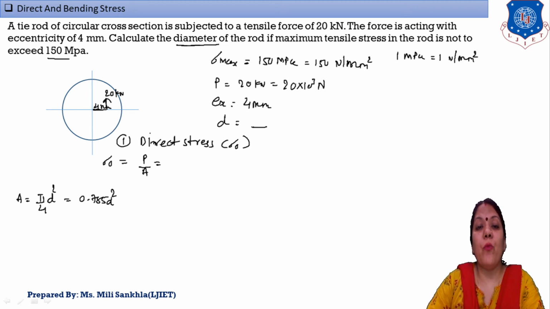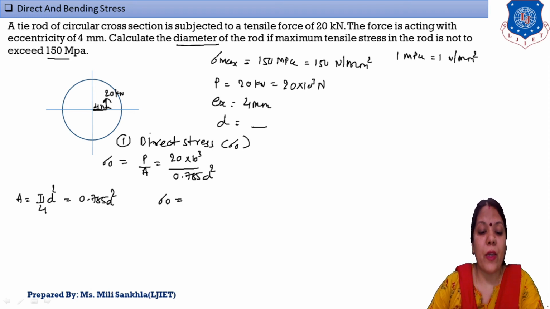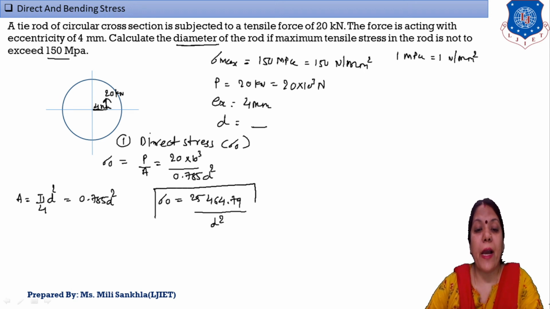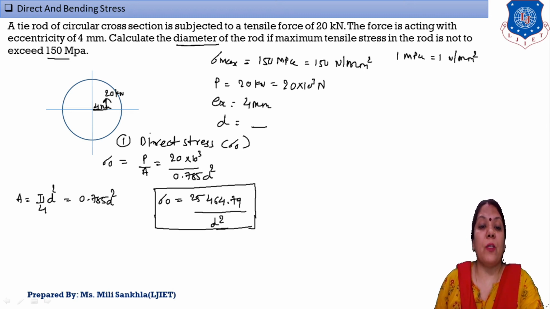Now simply put the values. P is equal to 20 into 10 raised to 3, area is equal to 0.785 d square, and after simplification sigma 0 we get 25,464.79 divided by d square. This is my first equation of direct stress. It is in the form of the unknown value small d, diameter.